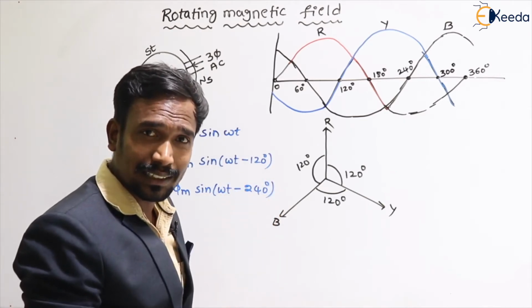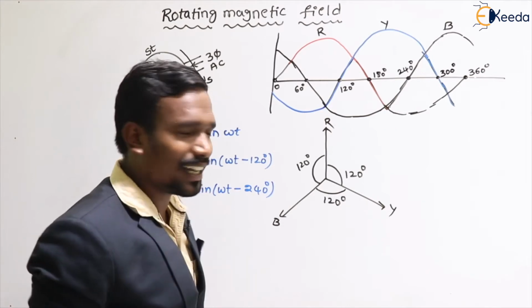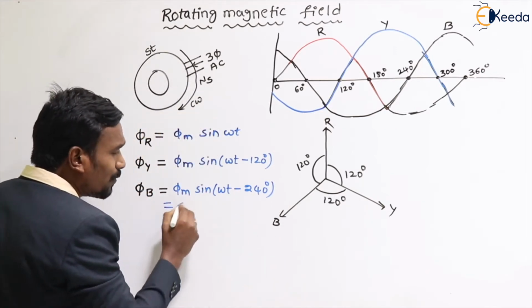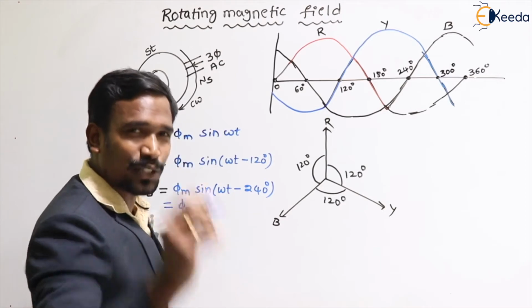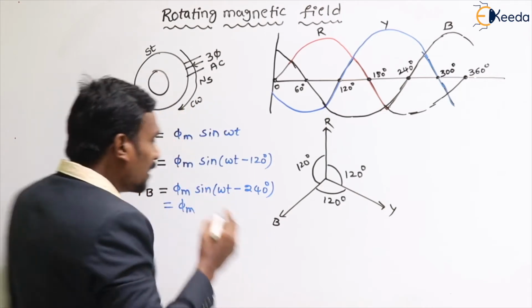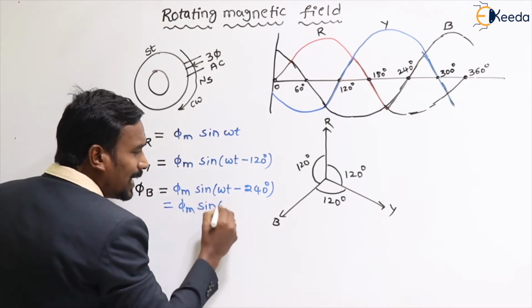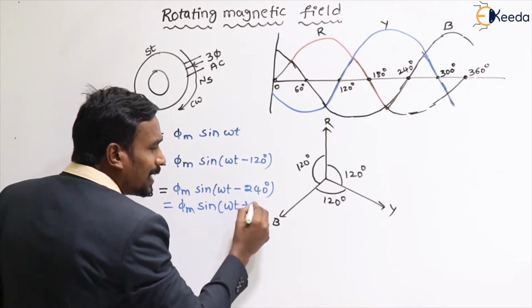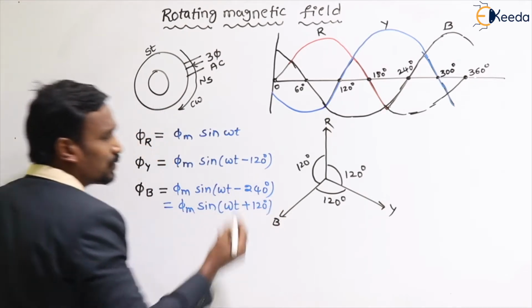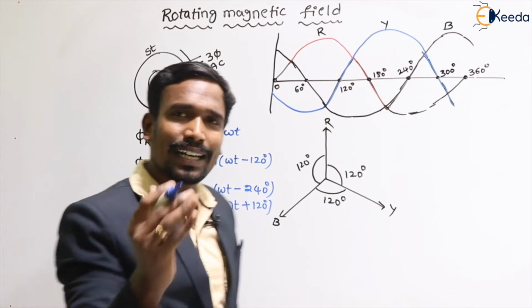Are you getting it or not? Yeah, it's so easy, right? So this we can also write as, yeah, you got the right answer, sine omega t plus 120 degrees. Also not a problem. This is also a correct answer.